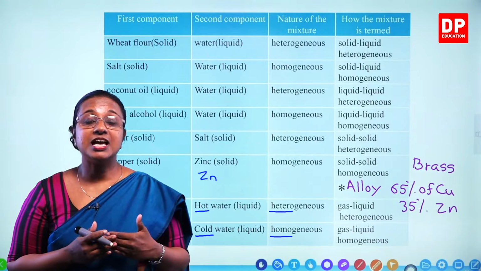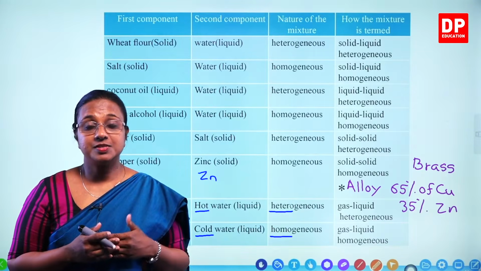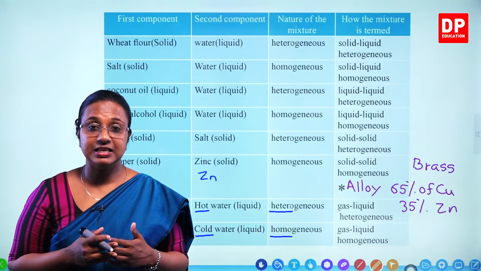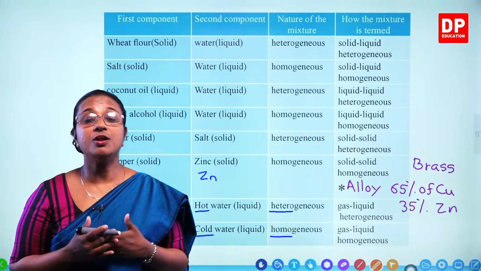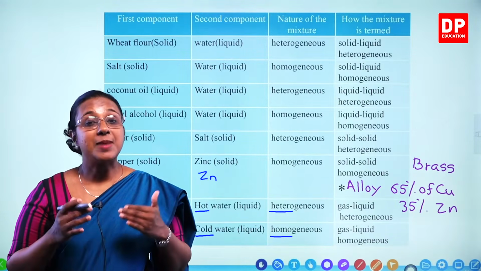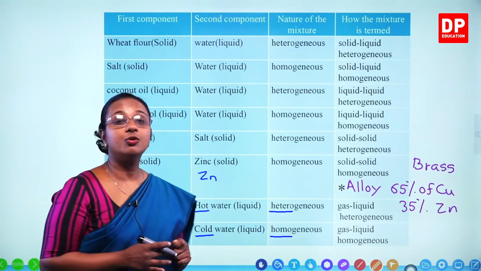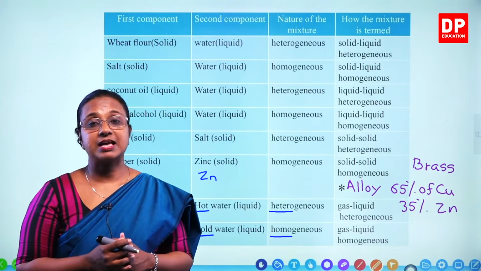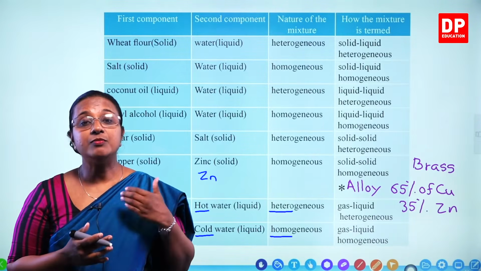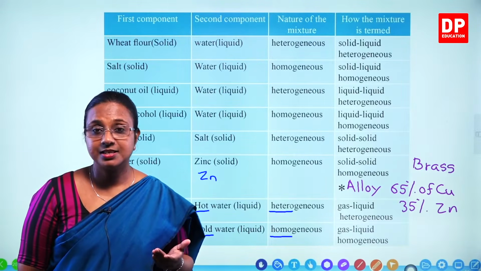Because oxygen gas dissolves well, the aquatic organisms can breathe easily. Similarly, carbon dioxide also can dissolve in water. But that dissolves well when it is cold water. The amount of gas that can dissolve in water when it is hot is less.